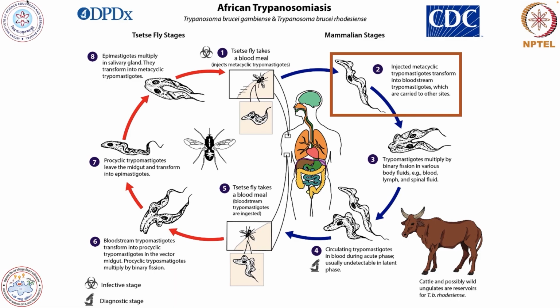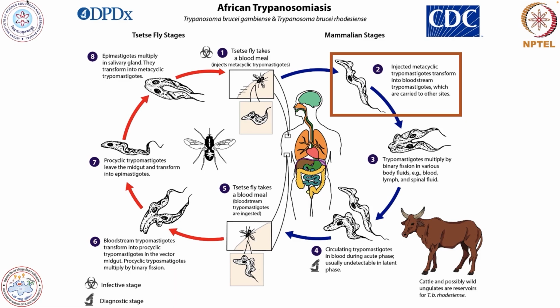So this injected metacyclic trypomastigote transforms into a bloodstream trypomastigote, which is carried to various sites as I have explained. It can be present in lymph, it can be present in cerebrospinal fluid, and over there they will multiply by binary fission.